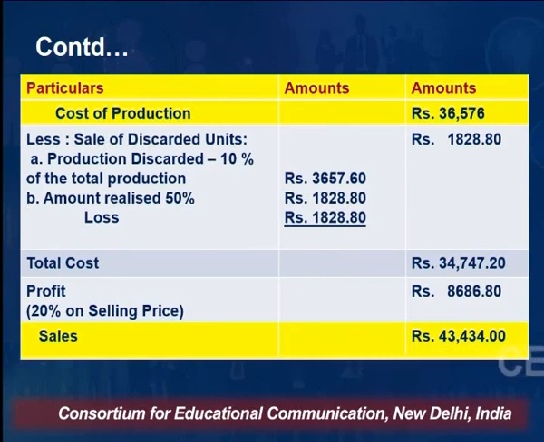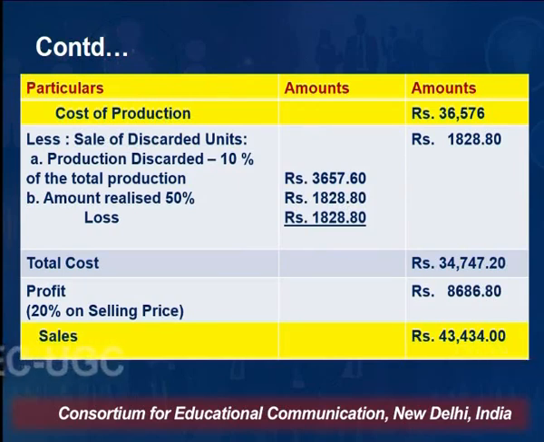So sale of discarded units, before that we need to understand what is my total cost of discarded units. So the question reports that production discarded, which we have shown by point A, is 10%. So 10% of what? 10% of my cost of production, and cost of production comes to be 36,576. So when I calculate 10% of that, it becomes 3657.60 rupees.